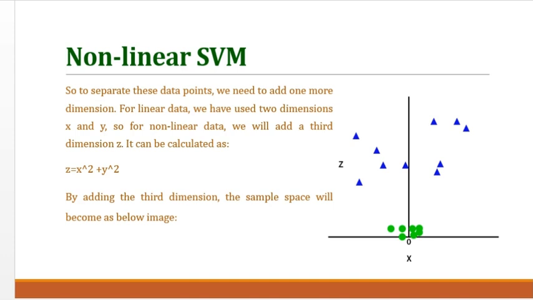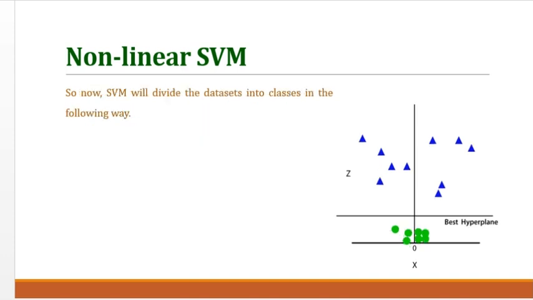So then the equation becomes z is equal to x squared plus y squared. The image is also as given, by adding the third dimension. This way the SVM will divide the data sets into classes in the following way.